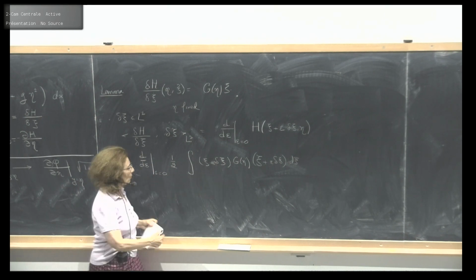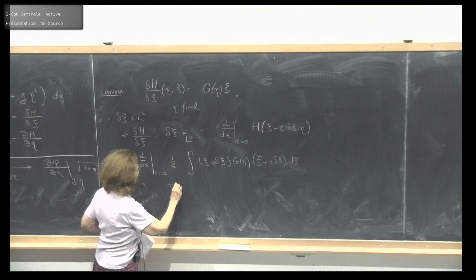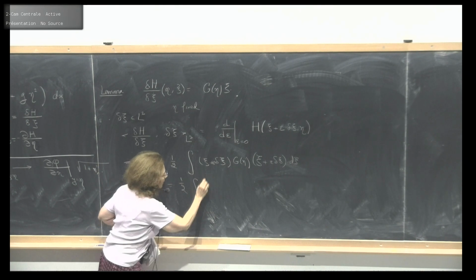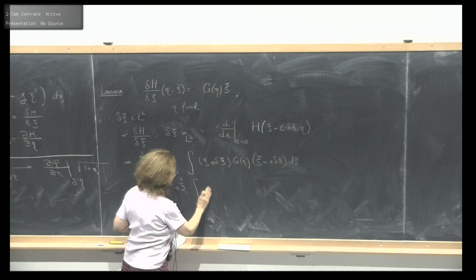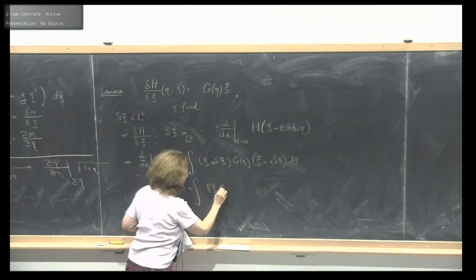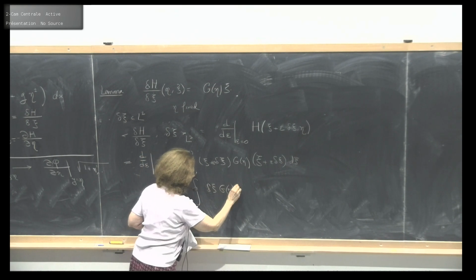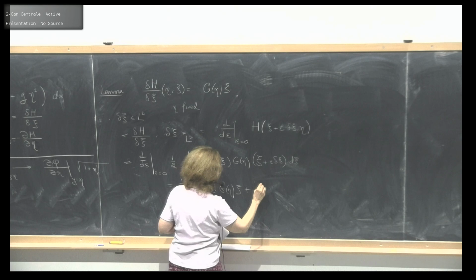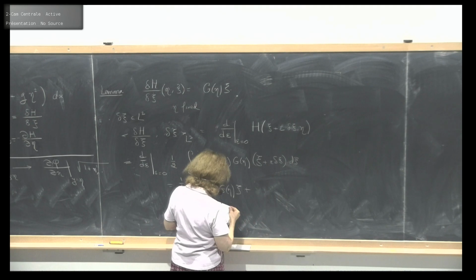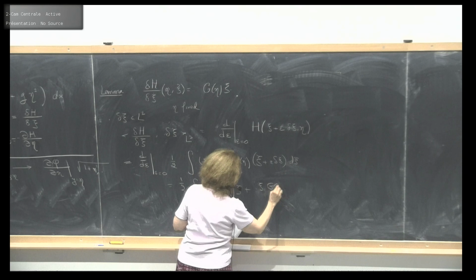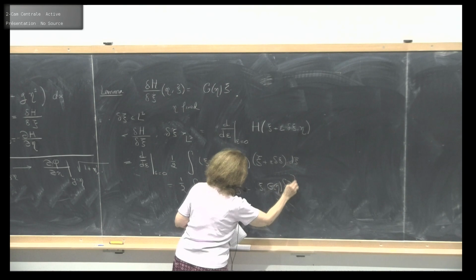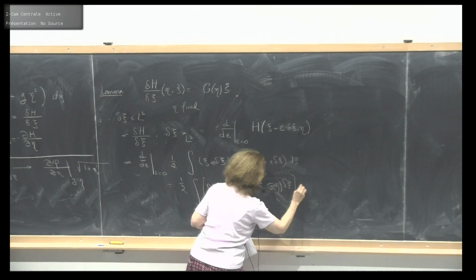One is 1/2 delta xi G of eta xi, plus xi G of eta delta xi, and all this dx.